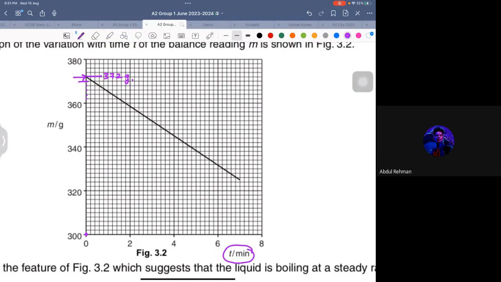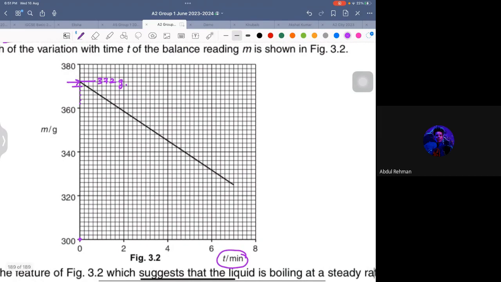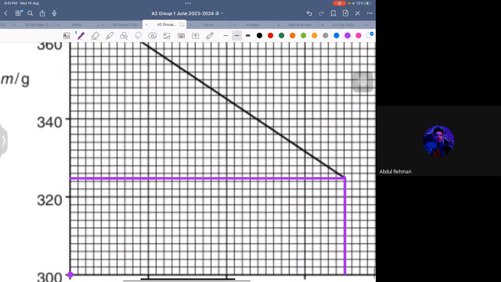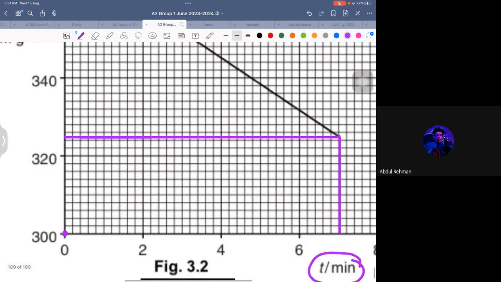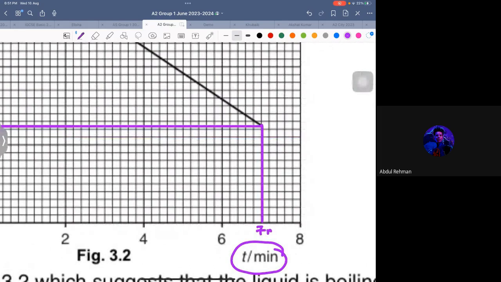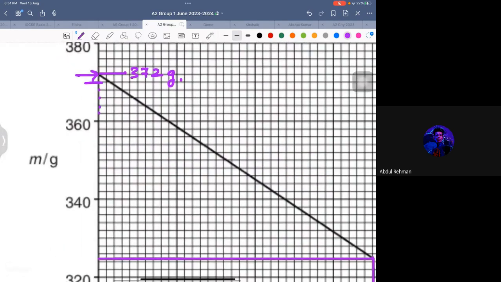But generally speaking, in my experience, they always take the last one as their value. So if you really want to go through the mark scheme, otherwise you can obviously take any other point. So just mark it. You might see that within this change in time, which is I think 7 minutes, how much mass is boiled off? Let me see.